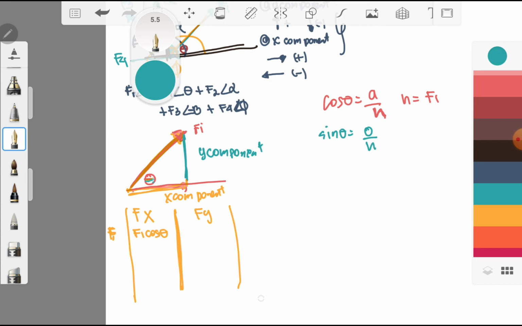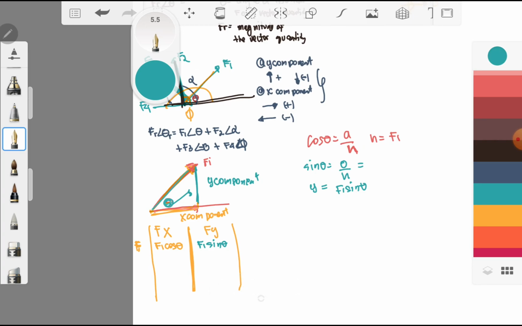The opposite of your theta is your y component, and the hypotenuse is F1. Therefore my y component is equal to F1 sine theta.